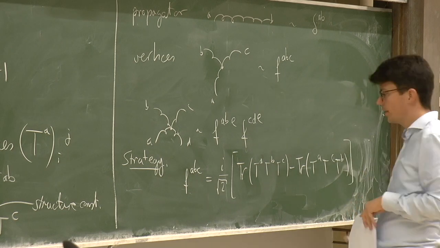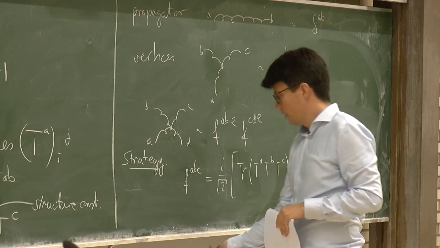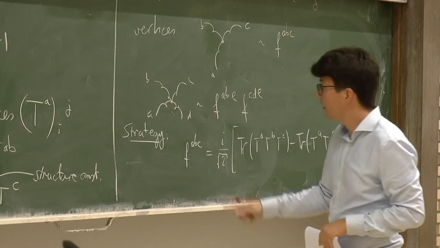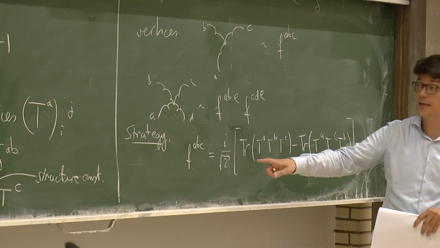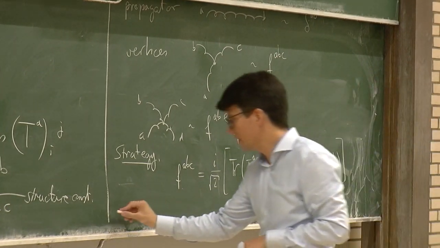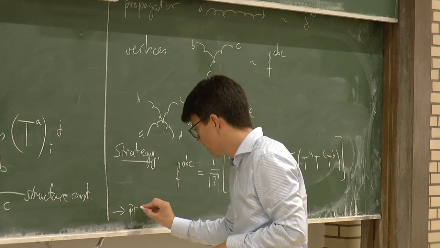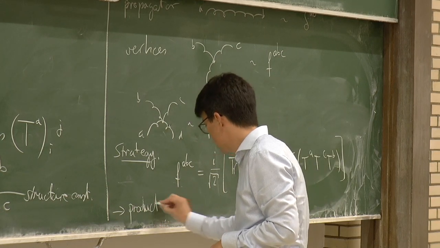So here I've written out explicitly the commutator. If we now apply this identity to any of the f^{ABC}s in our Feynman diagram, then it's clear that any Feynman diagram will be expressed as a product of such traces.